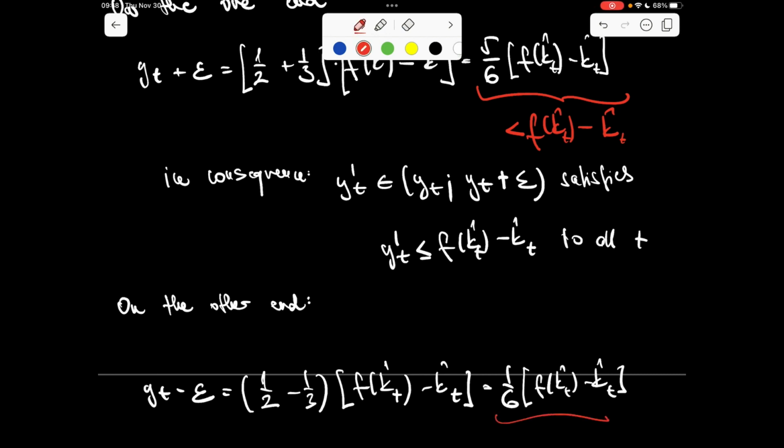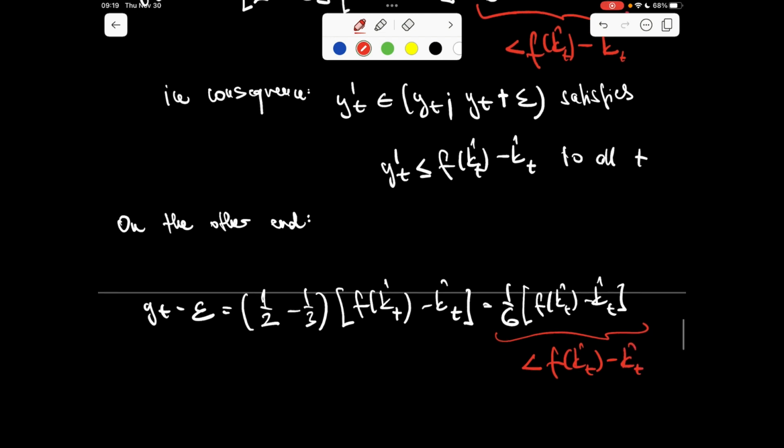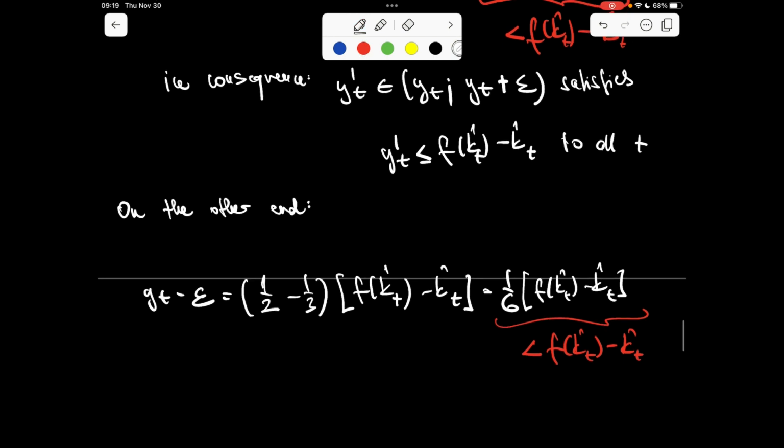Which satisfies the inequality what we need.